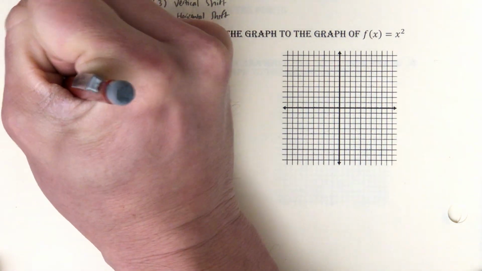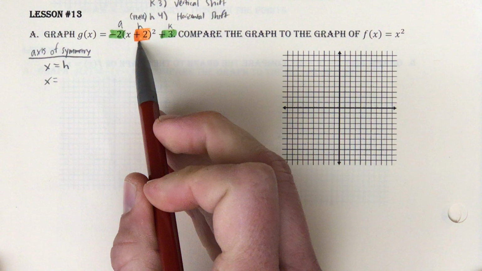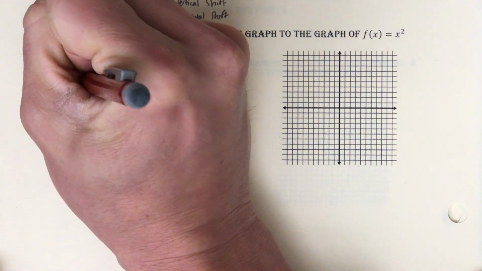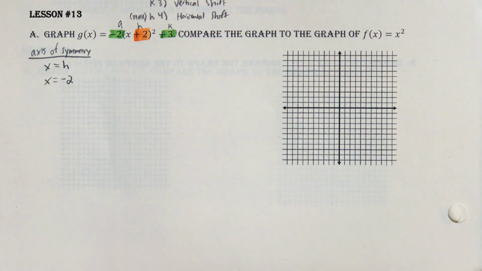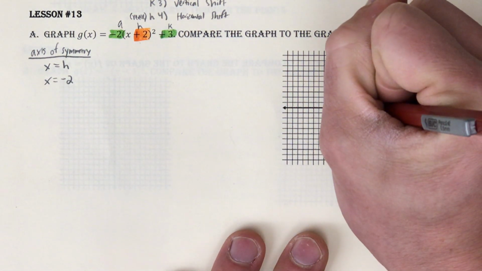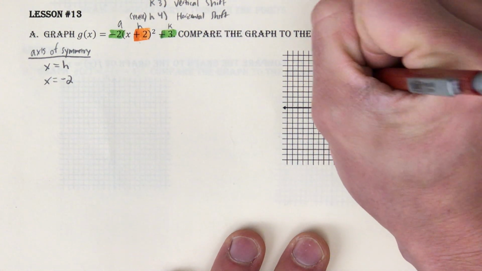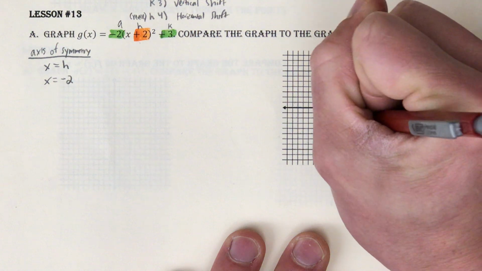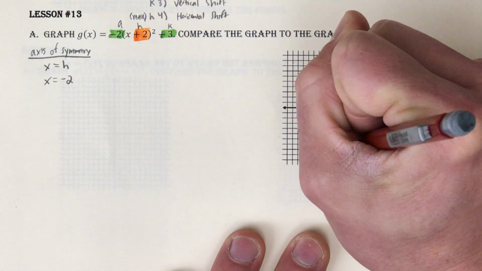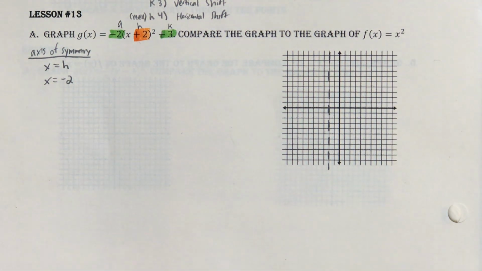So x equals -2. So I'm going to graph that line at -2, and I'm going to draw my little dashed line that gives me my easy way to mirror points from one side to the other. So there is my dashed line.